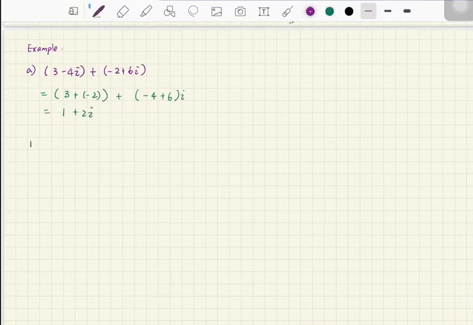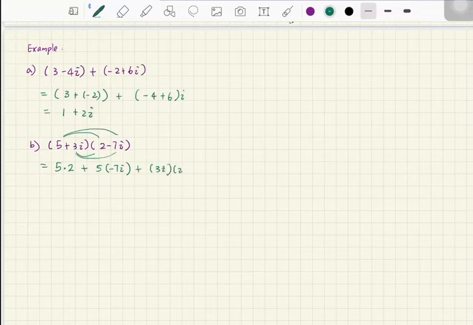The second one I want to do is a multiplication problem: 5 plus 3i multiplied by 2 minus 7i. I'm going to use the FOIL method, which is 5 times 2, plus 5 times negative 7i, plus 3i times 2, and 3i times negative 7i.